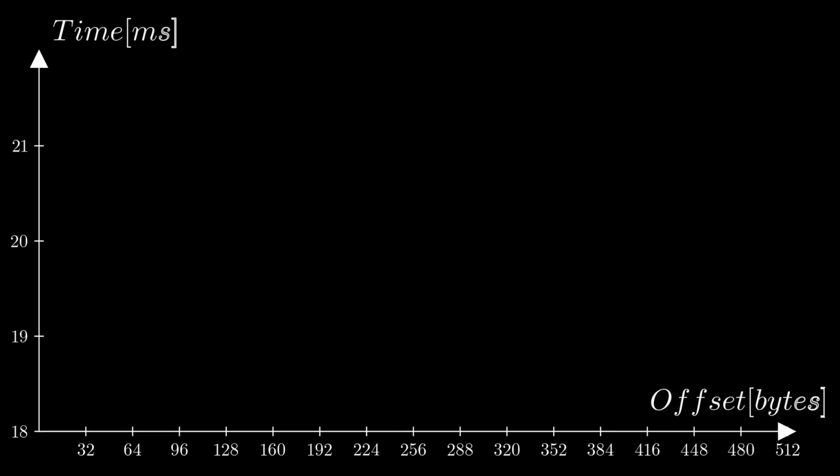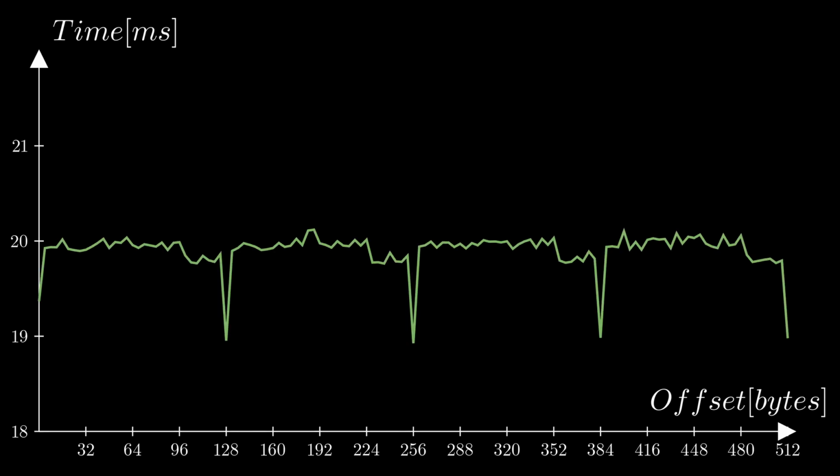We run this kernel and measure the timing for different values of the offset variable. Note that on the graph the offset is given in bytes. And if we examine the results, we can see that the kernel performs best when the offset is a multiple of 128 bytes. And this is the memory transaction size when accessing data through the L1 cache on my architecture.